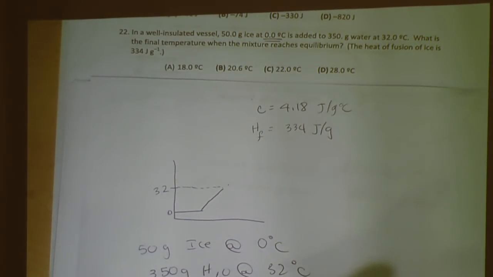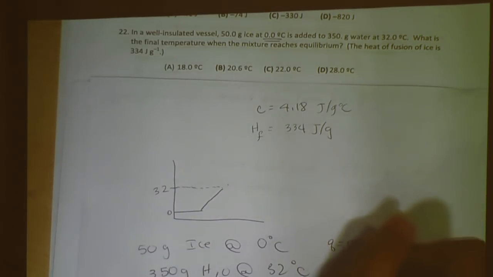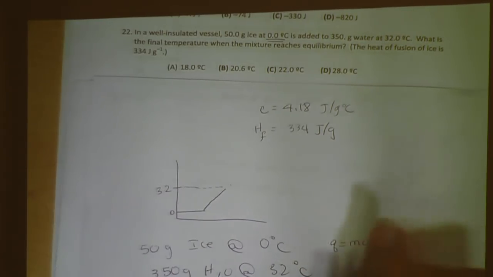Even though you would technically use Q, you're basically having Q equals MCΔT of the ice equal to Q equals MCΔT of the water.